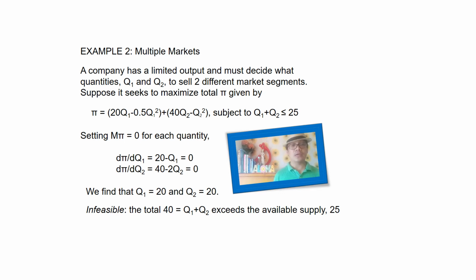We find that Q1 equals 20 and Q2 equals 20. But these desired quantities again are infeasible. The total 40, equal to Q1 plus Q2, exceeds the available supply, which is 25.